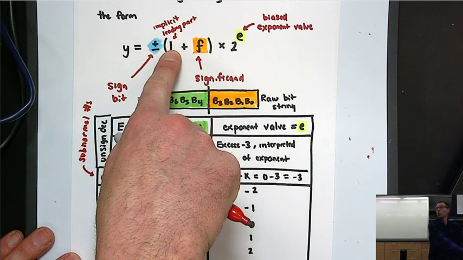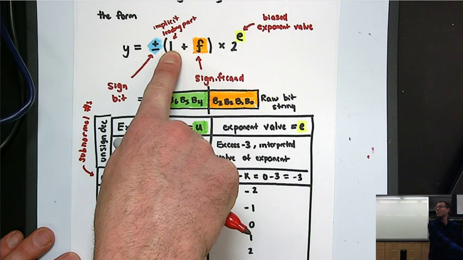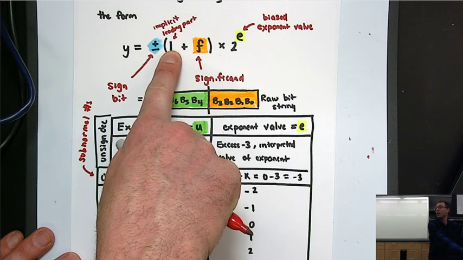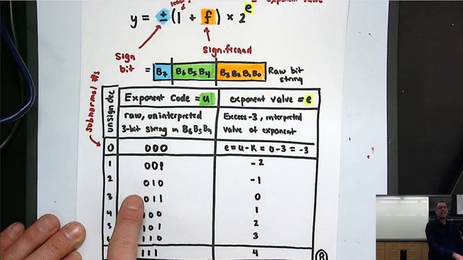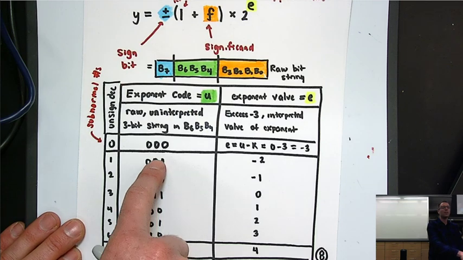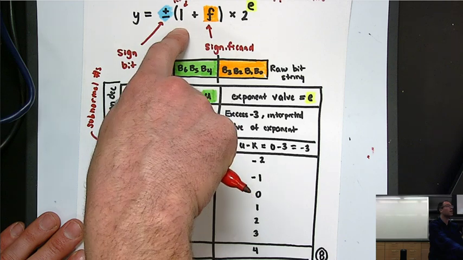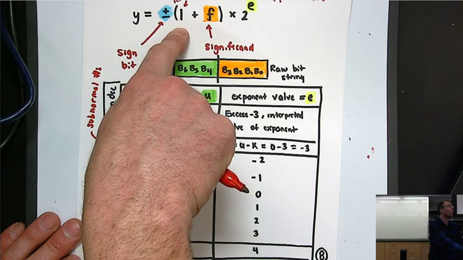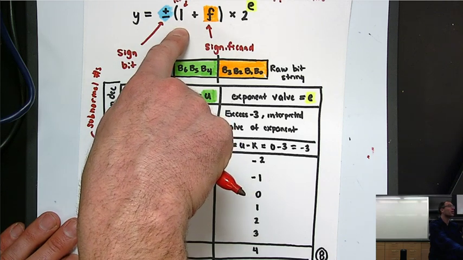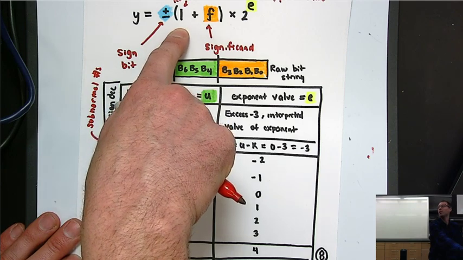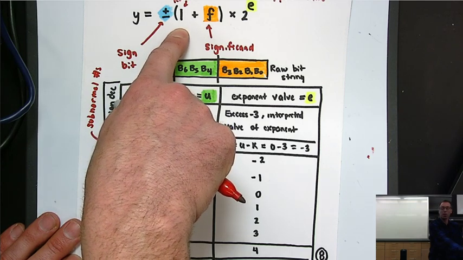Normalized numbers always have an implicit value of 1 in front, right? So any time that the exponent field is 0, 0, 0, we actually don't put the number 1 in front there. That implicit 1 disappears, and so we call that subnormal. It's below normal, right? We'll talk more about that.